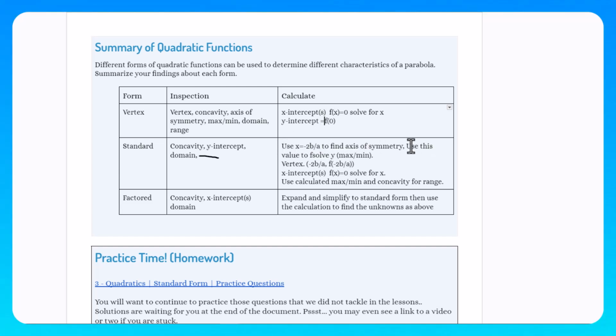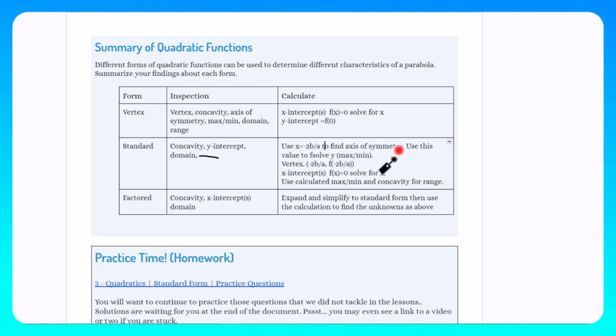Remember that for this one right here, we can use x equals -b over 2a.